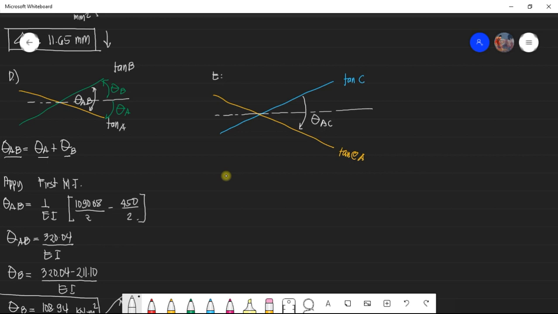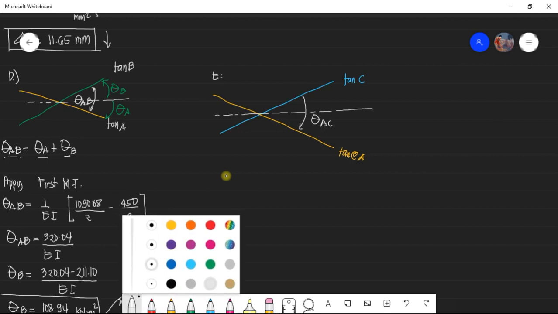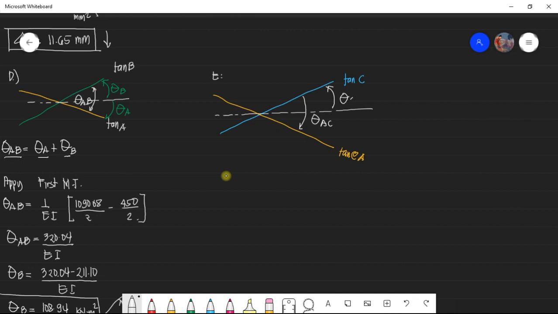This is the slope at C, and this is the slope at A. So you can arrive at a relationship here: theta, the change in slope between the tangent lines at A and C, is equal to the slope at C plus the slope at A. We got that.